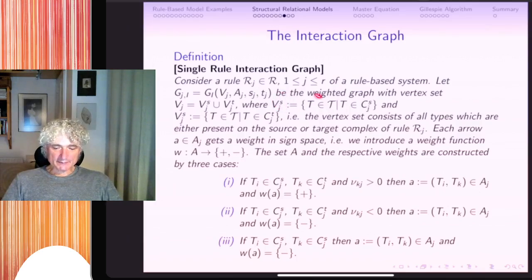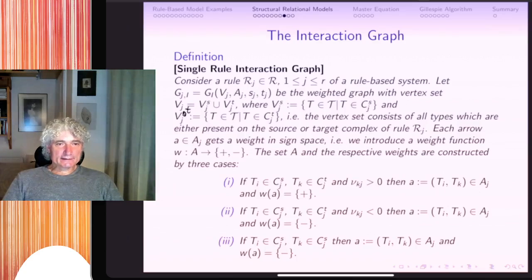Are all the types that are in this source complex, and then you also have the target side. So here is actually an error which I just spot. This should be not an S, should be a T. So this vertex set VjT is the vertex set of all types which are in the target complex of this rule or reaction.